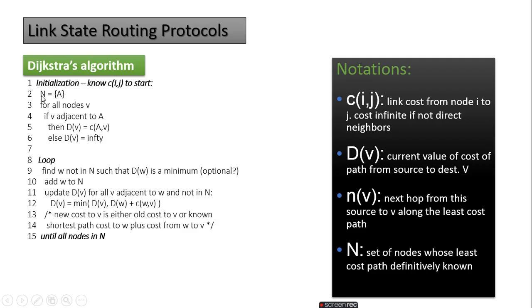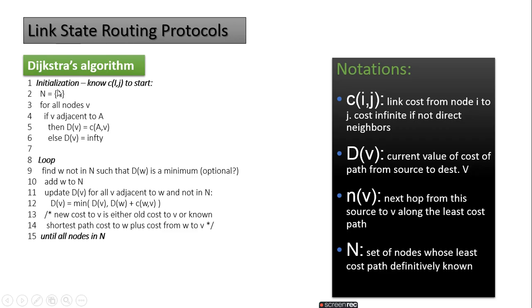I can see its initialization. We have to know the cost between two nodes to start. That means we have to know one source and a destination in order to start. And then we put into a set N' those nodes whose least cost paths are definitely known.